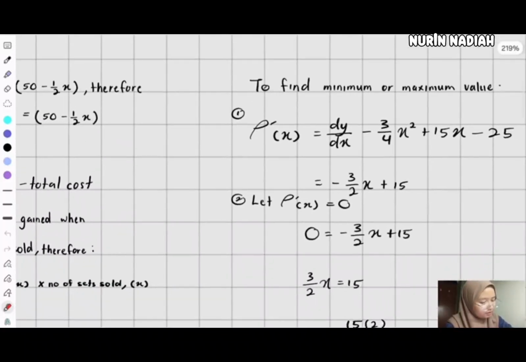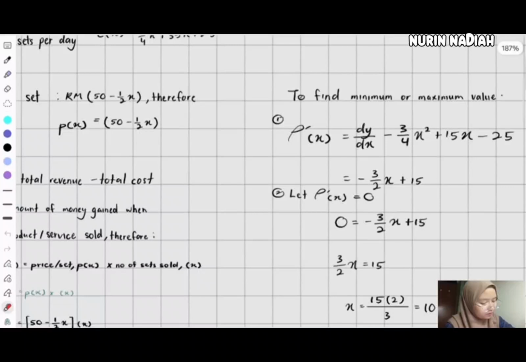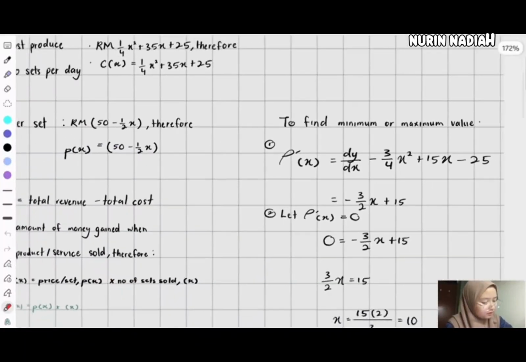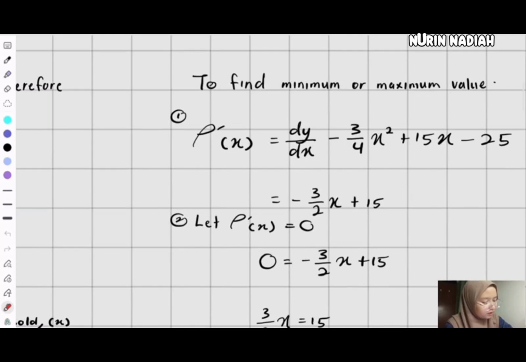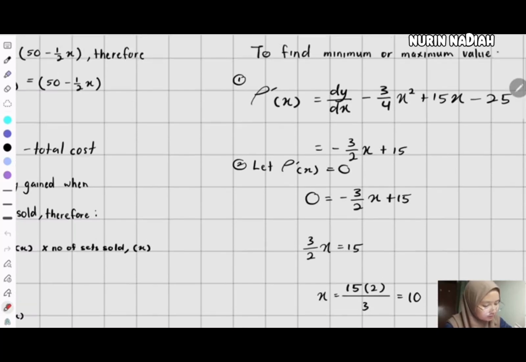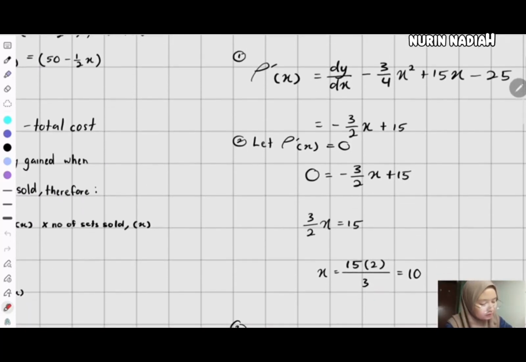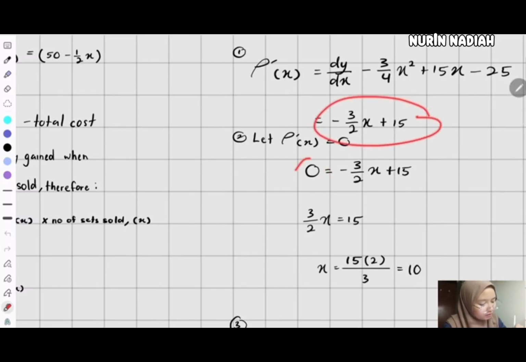To find the minimum or maximum value of the total profit, we will use differentiation. We will differentiate the profit value that we get. So we get minus 3 over 2 x plus 15. And then we set it equal to 0 to get the value of x.